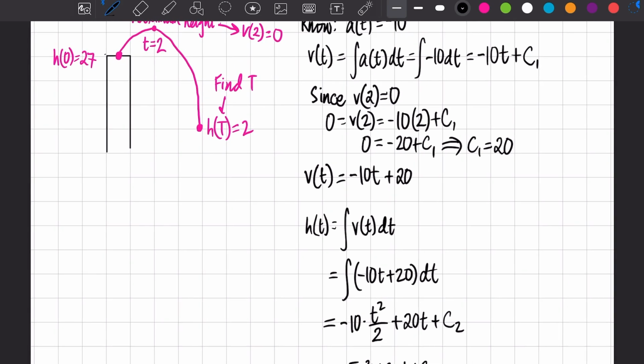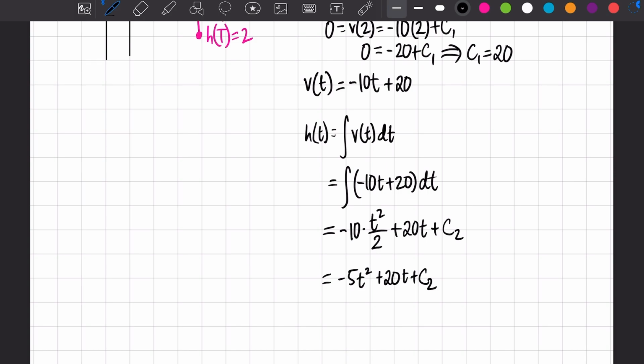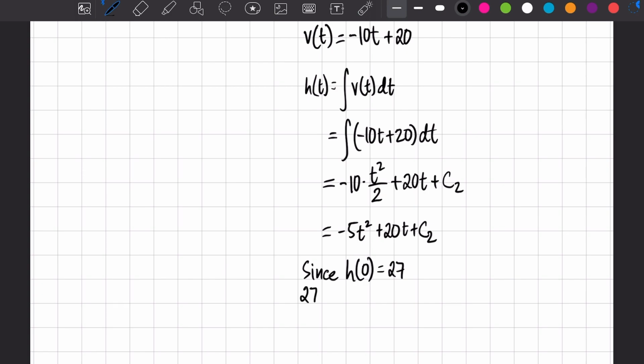Okay? What we know is that at t equals 0, your height is 27. So since h of 0 is equal to 27, that means 27 equals h of 0, which is just the same as negative 5 times 0 squared plus 20 times 0 plus c2.